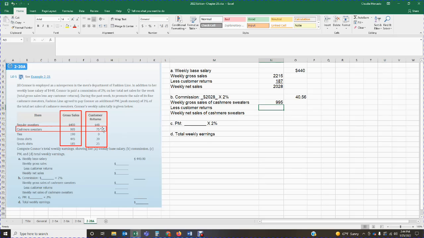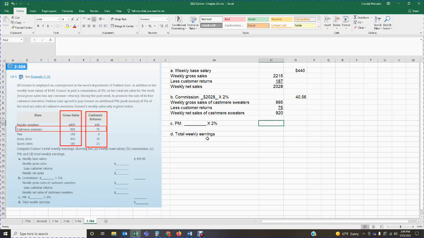So, my weekly gross sales of cashmere sweaters was $995, right here. We had returns of $75, okay? So, that means that my weekly net sales of cashmere sweaters is $995 minus $75, okay? So $995 minus the return of $75 gives me my weekly net sales of cashmere sweaters of $920.